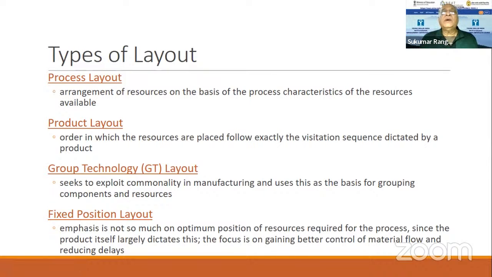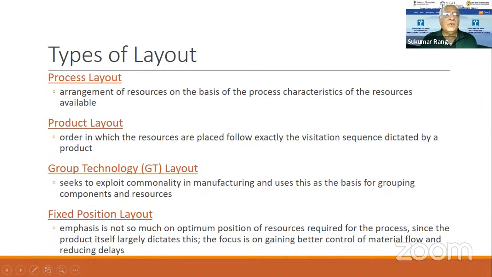Product layouts, like suppose in an industry which is making different varieties of products, they could be having different assembly lines for the different products, with certain centralized facility for some of the key, like painting can be done probably in a centralized facility, but then different assemblies can be done in a layout like a product layout.